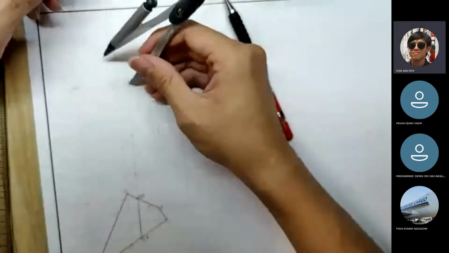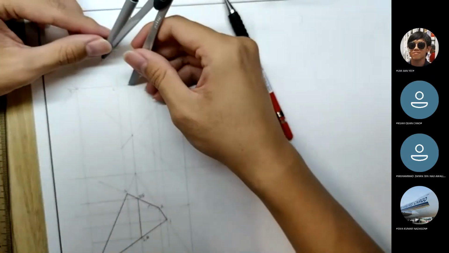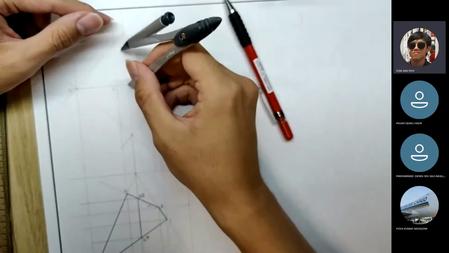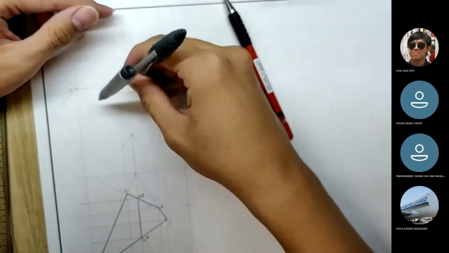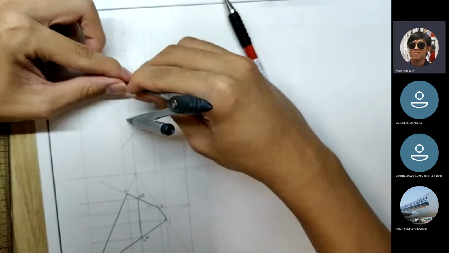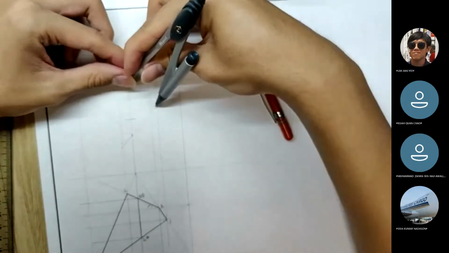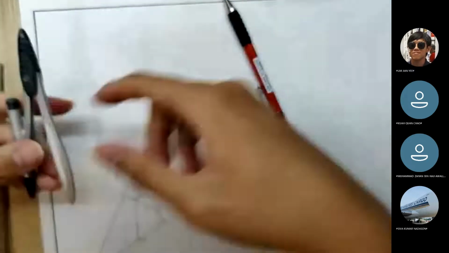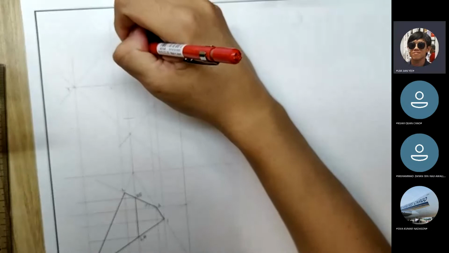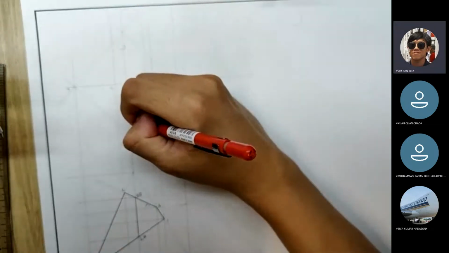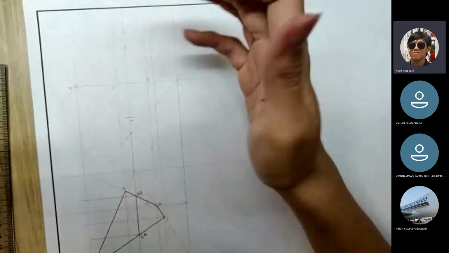So you take 2, 4, and you can mark it here, mark it here. Now this will be your 2. This will be your 4. I'll now explain why.